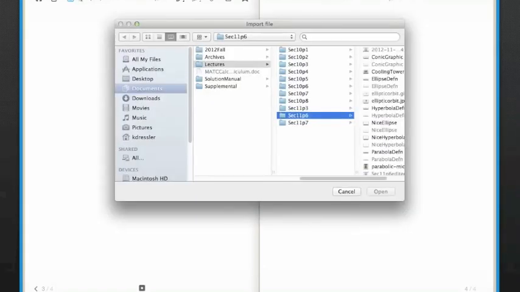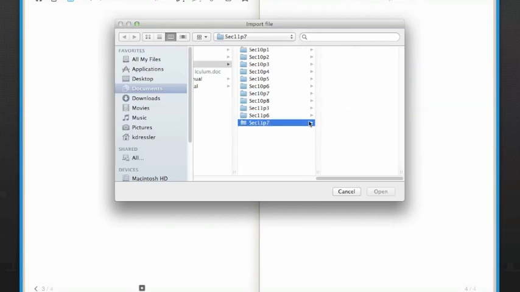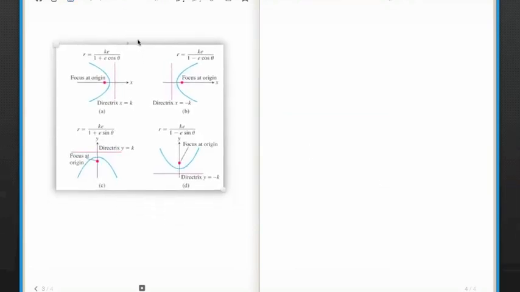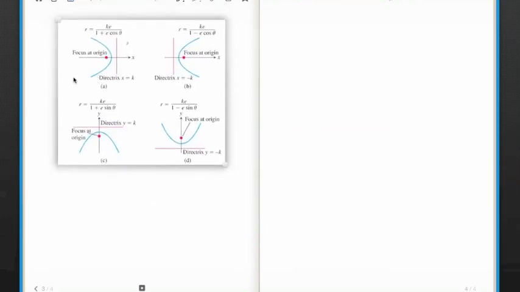So let's look at a picture that will help clear things up a little bit. Let's see, where is our 11.7 for generic conics? Okay, so here we go. The one we just did was this, ke over 1 plus e cosine theta.